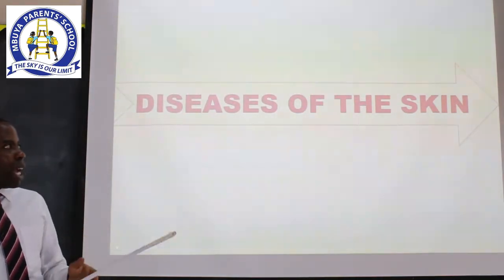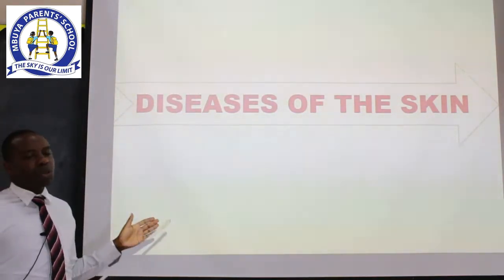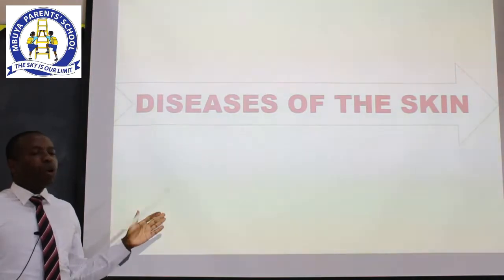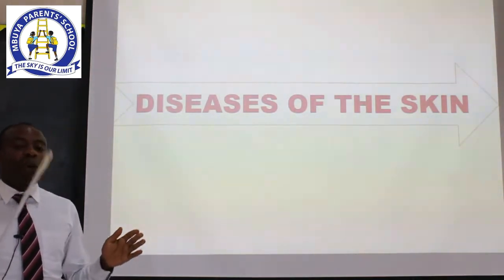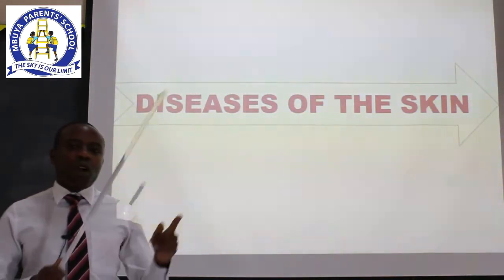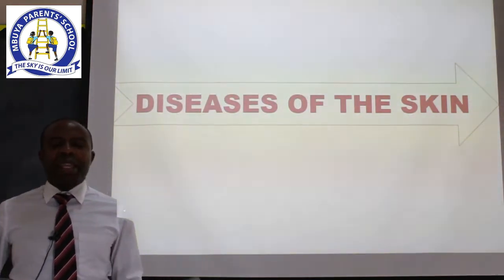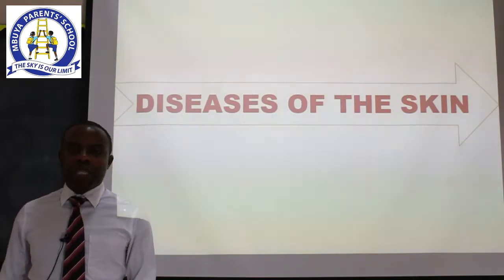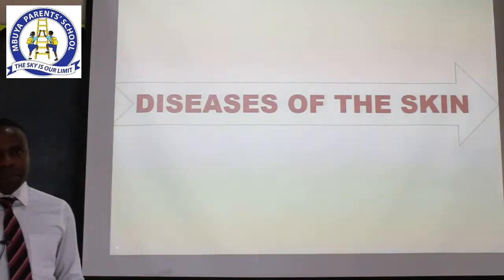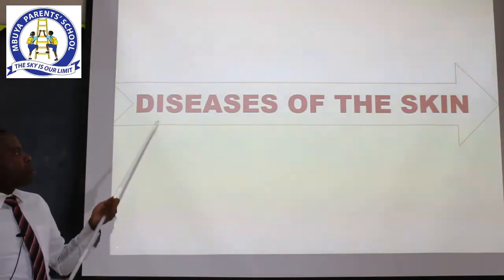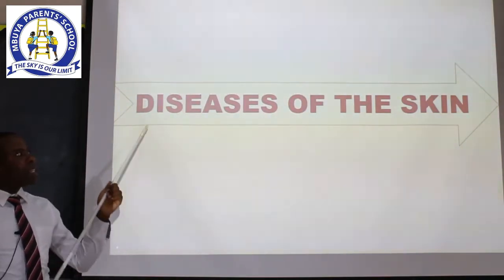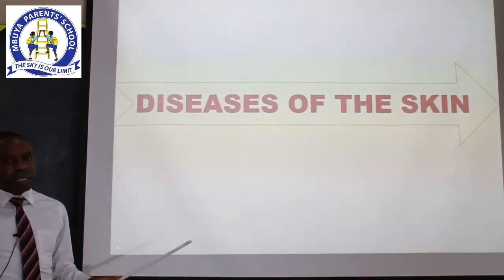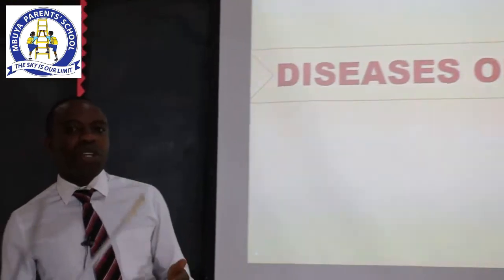And before that, by the end of this lesson, I expect you to be knowing the diseases of the human skin, their causes, the way they spread from one person to another, and the way we can prevent the skin diseases. When I talk about a disease, it is any condition that affects the normal functioning of a body organ or a body system.